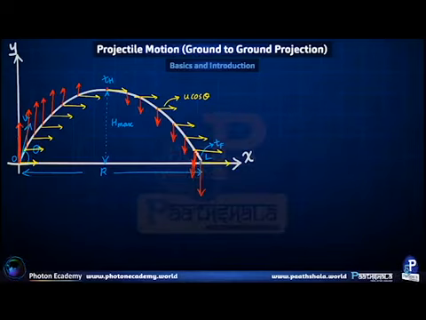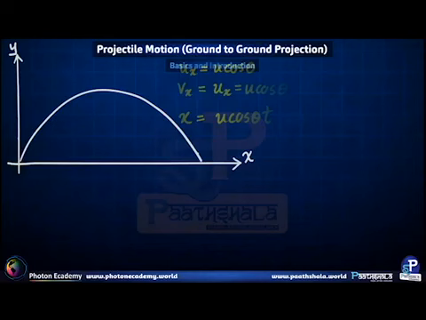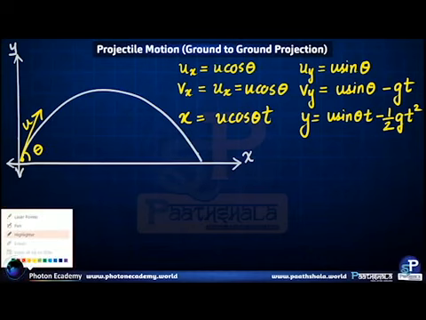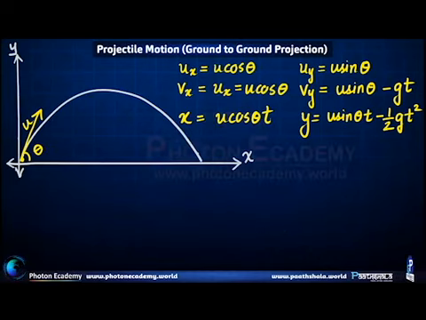Let us analyze a few equations with respect to this projectile motion. The x-axis initial velocity ux is u cos theta. The y component of the initial velocity is u sin theta, which we noted earlier as well.